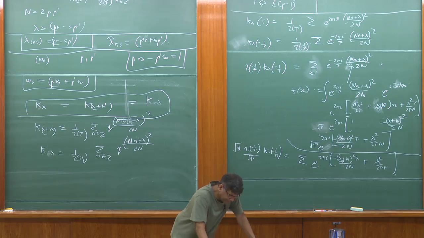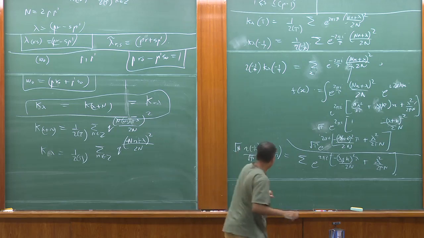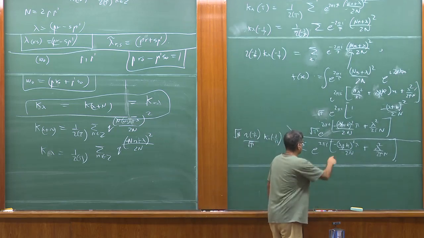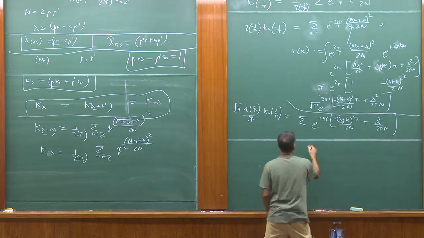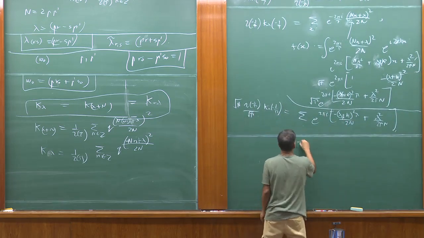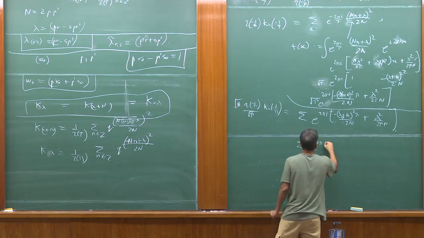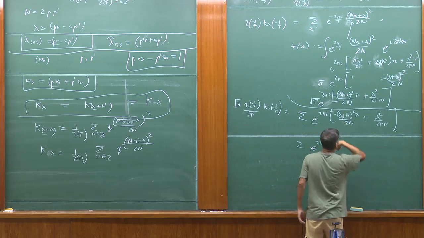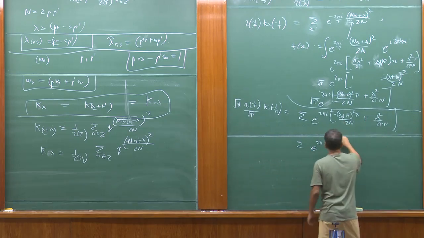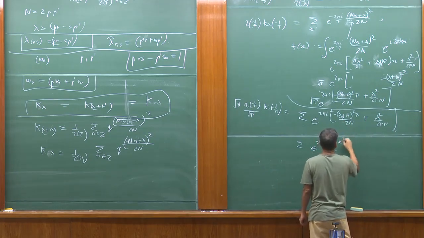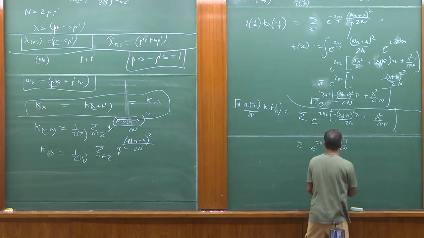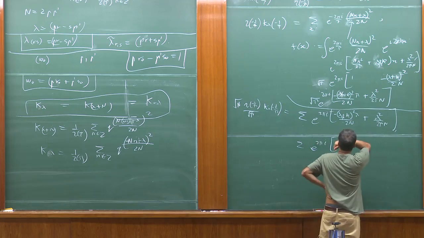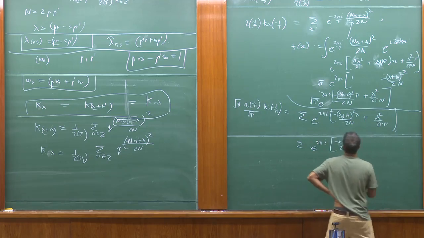They get finally k squared tau by 2n minus k lambda by n. That's it, up in the exponent. Are we getting the same thing here? Yeah. So we get the sum, which is about 2 pi I, and then just open it out. So k squared tau by 2n, with a minus sign.